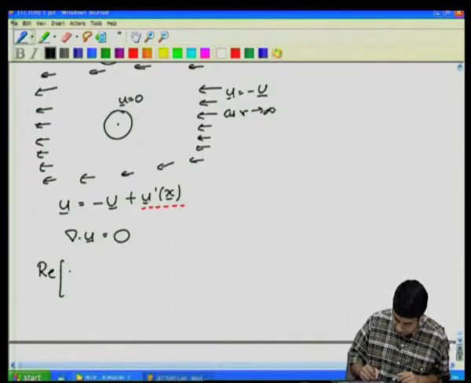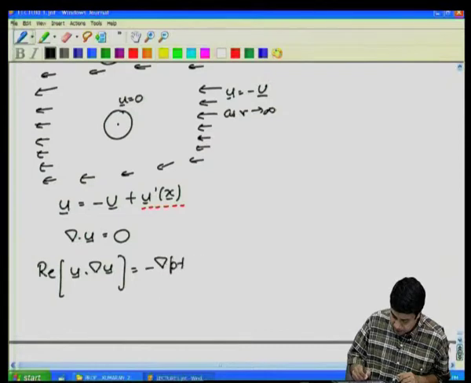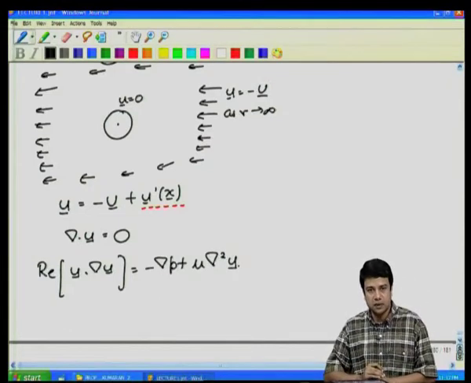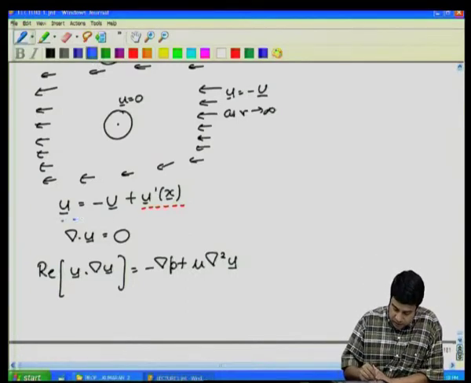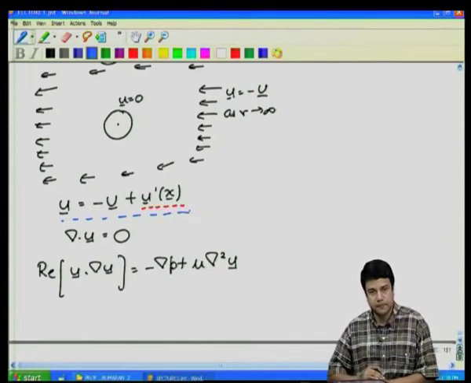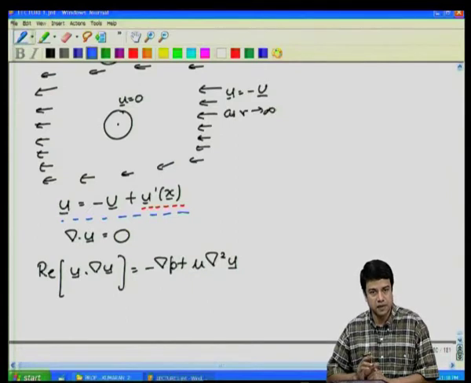So, I will get Re into u dot grad u is equal to minus grad p plus mu del square u. And I substitute for u from this expression in terms of minus U plus u prime. Note that the gradients of capital U are 0. Therefore, any term that contains the gradient of capital U has to be 0.